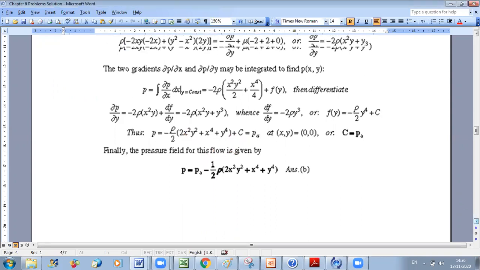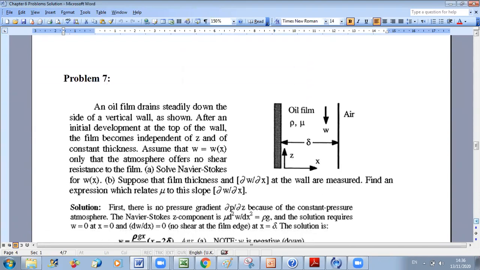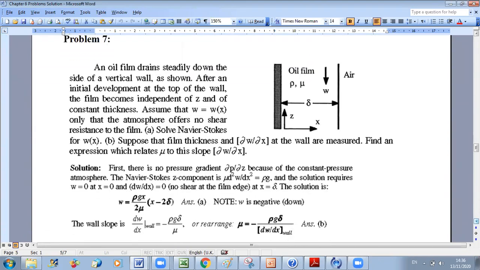Problem 7. An oil film drains steadily down the side of a vertical wall as shown. After an initial development at the top of the wall, the film becomes independent of Z and of constant thickness, assuming that W is equal to Wx only, and the atmosphere offers no shear resistance to the film.